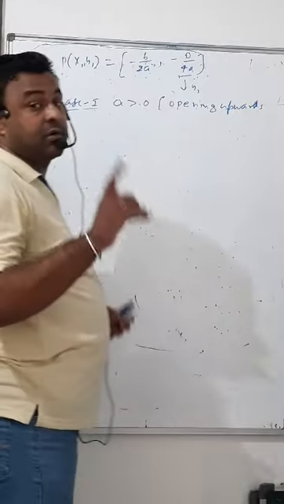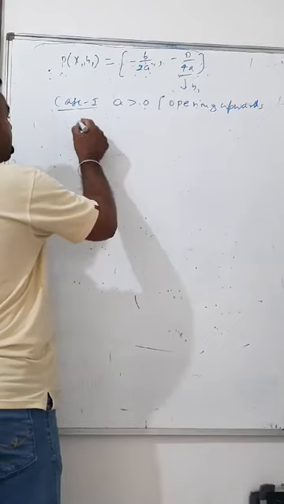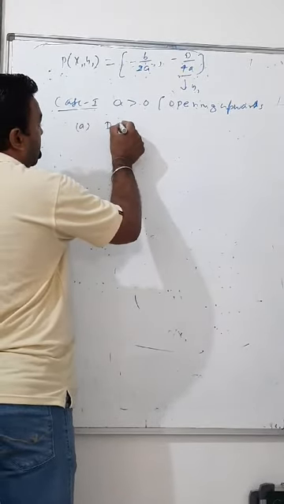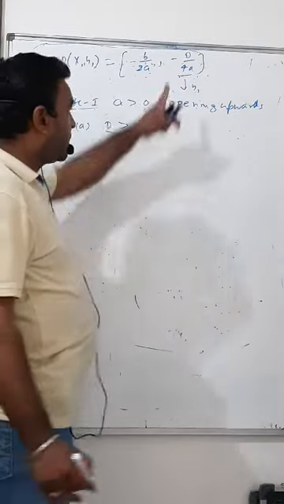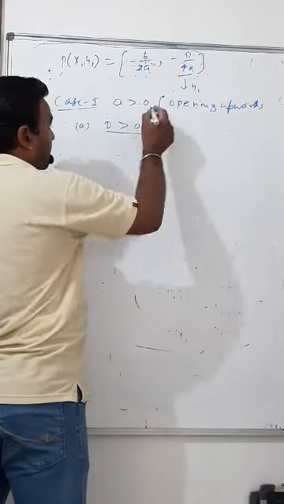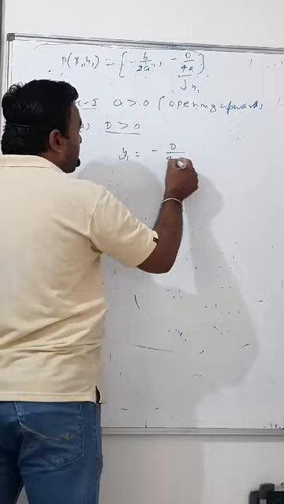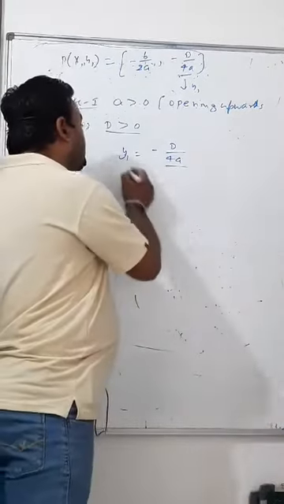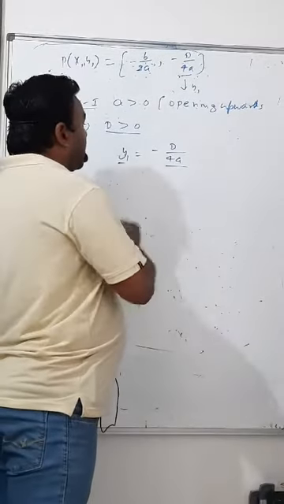Actually, I was talking about the y coordinate, right? In this, I take first the case D greater than 0. If D is greater than 0, then this coordinate y1 is minus D by 4a.